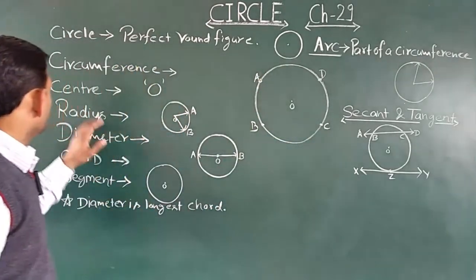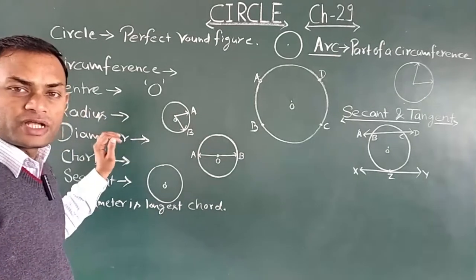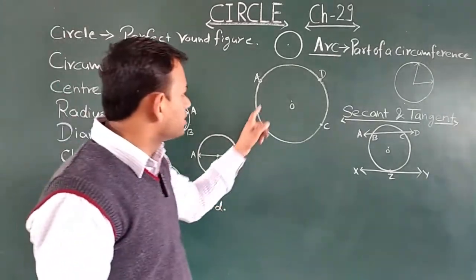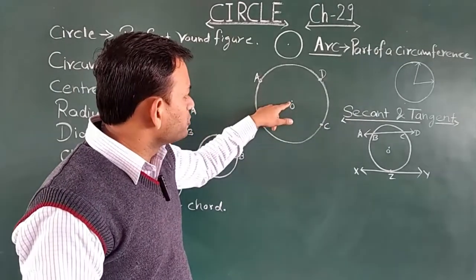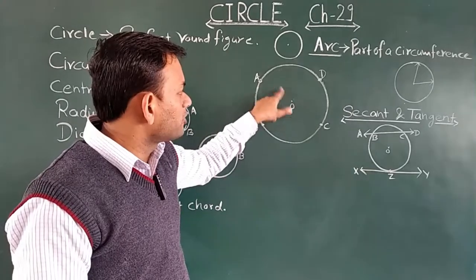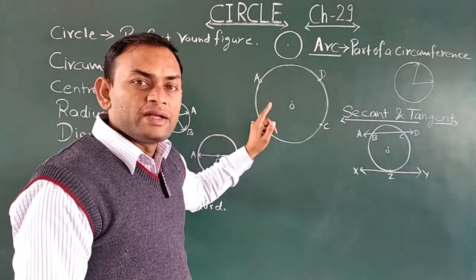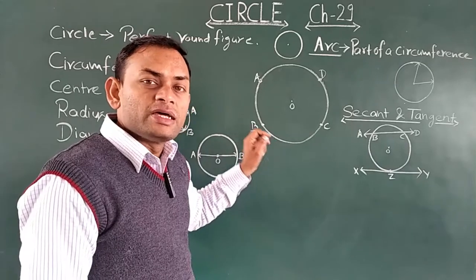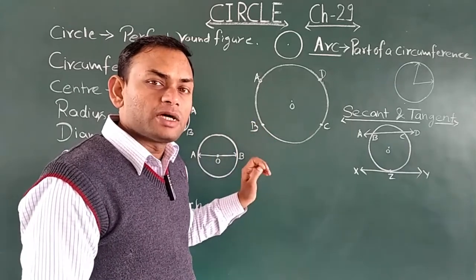After that, center. What is the center? A midpoint of a circle is called the center. As you can see here in the circle, point O is the center of this circle because it is the midpoint of the circle. Every point present on the circumference of the circle is at an equal distance from the center.